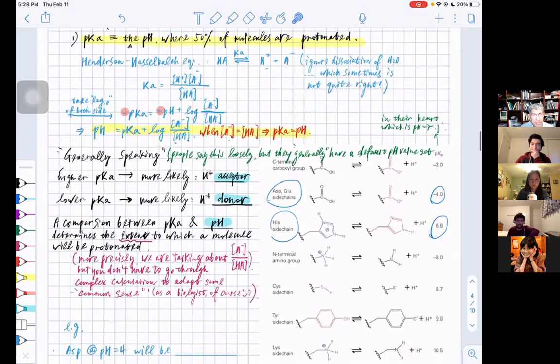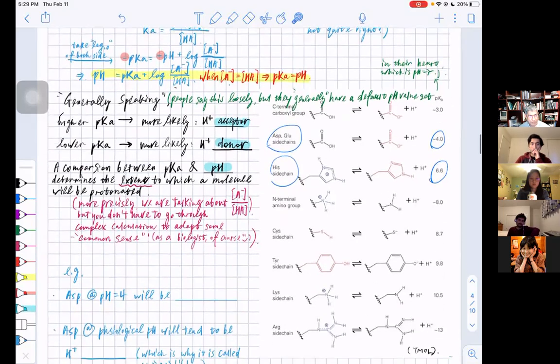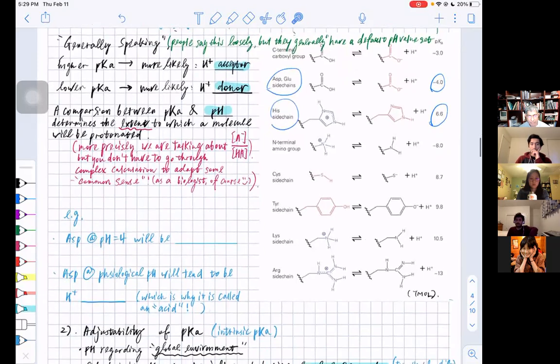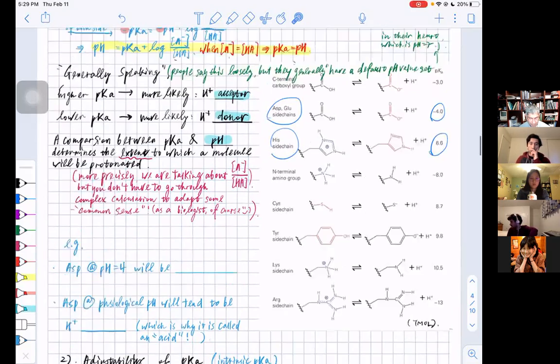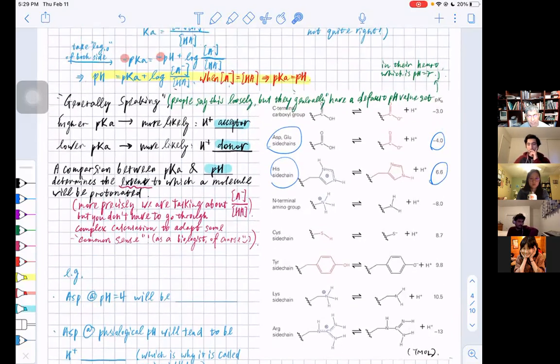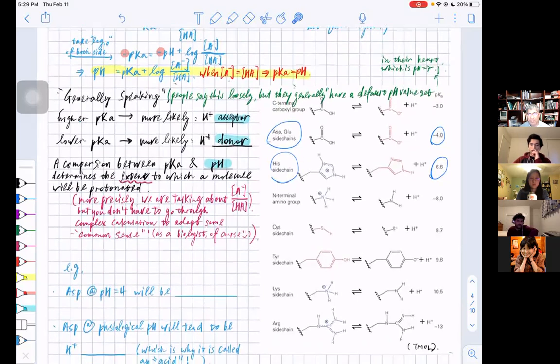You might hear people say that a molecule with a higher pKa will tend to be a proton acceptor, whereas a molecule with a lower pKa will tend to be a proton donor. When they say this, they're usually comparing the pKa of the molecule with a default pH value, which is 7. So without doing an actual calculation of this ratio, you can tell whether a molecule will be a proton donor or proton acceptor.